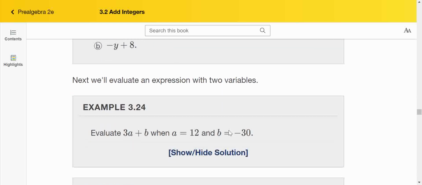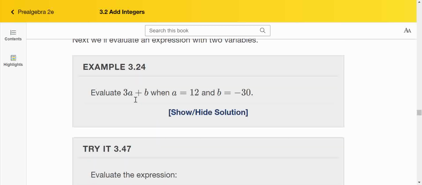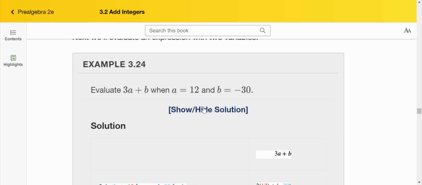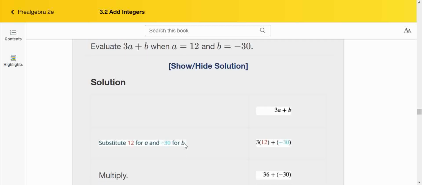Next, we'll evaluate an expression with two variables. Example 3.24, evaluate 3a plus b when a is equal to 12 and b is equal to minus 30. So we have two variables, a and b. Substitute 12 for a and minus 30 for b.